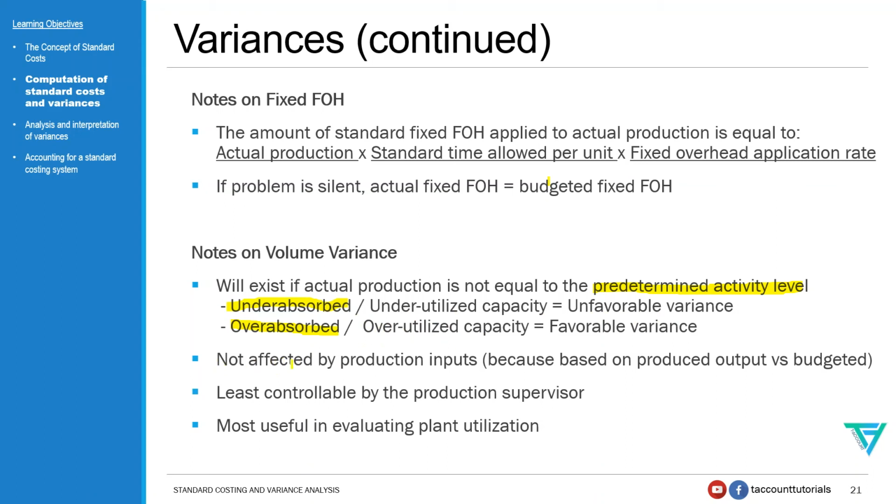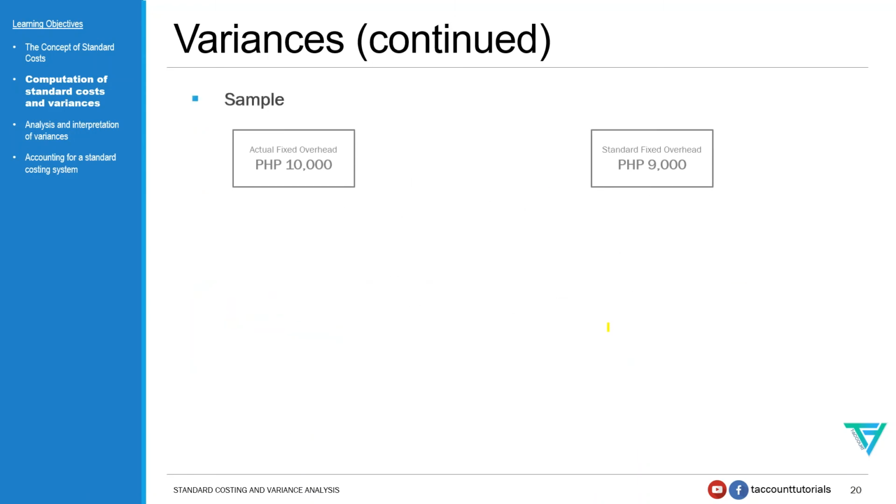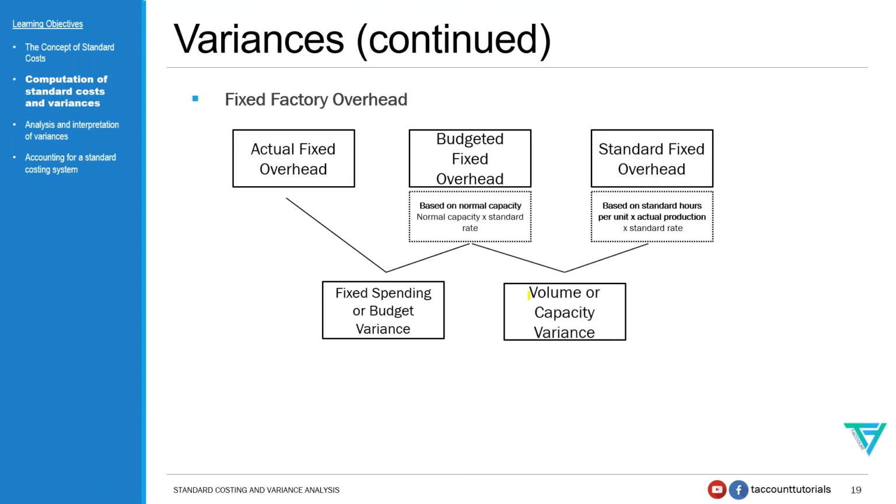Next, volume variance is not affected by production inputs because it is based and computed on produced output versus budgeted, right? So if we go back here in the previous slides, we can notice that volume or capacity is the difference between budget and standard, right?